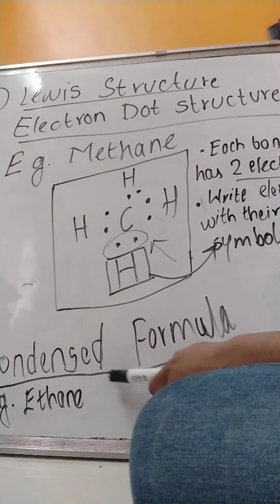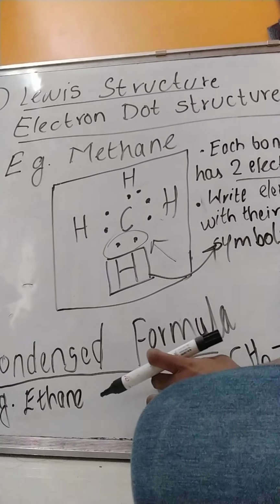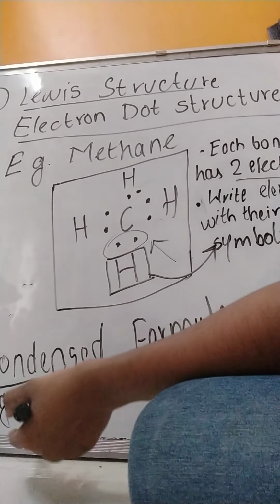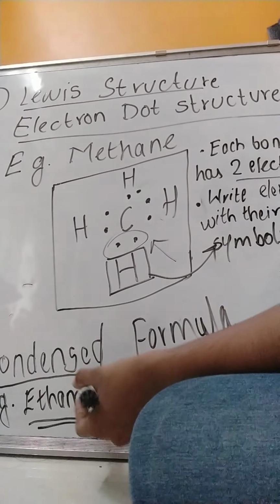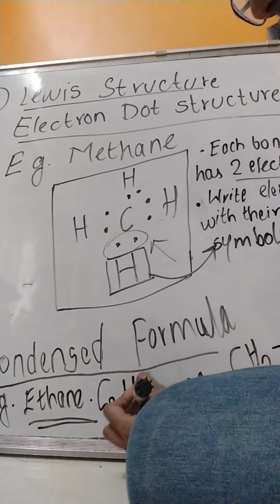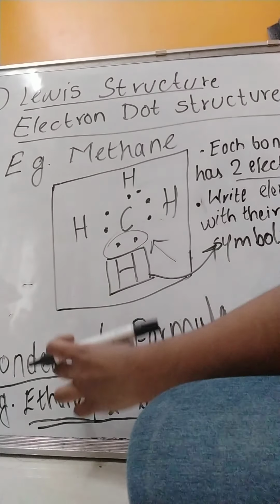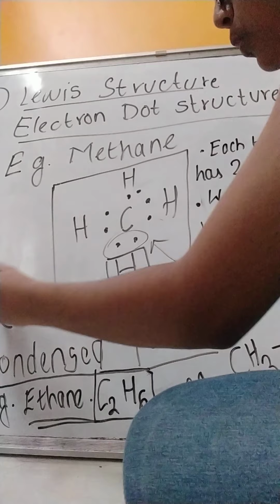And the third representation is the condensed formula. Here I have taken another example, the compound ethane, which means C2H6. How do we represent this in condensed formula? We have to do 2 steps.